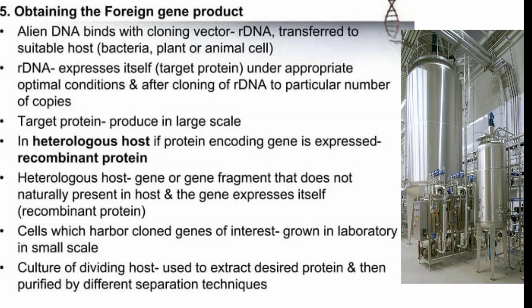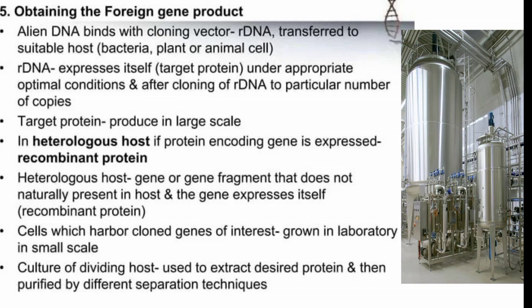So the alien DNA binds with the cloning vector, and the rDNA is transformed into a suitable host: bacteria, plant, or animal cell. This rDNA will express itself under the appropriate optimal condition after cloning of rDNA to a particular number of copies. The target protein is produced on a large scale in a heterologous host.